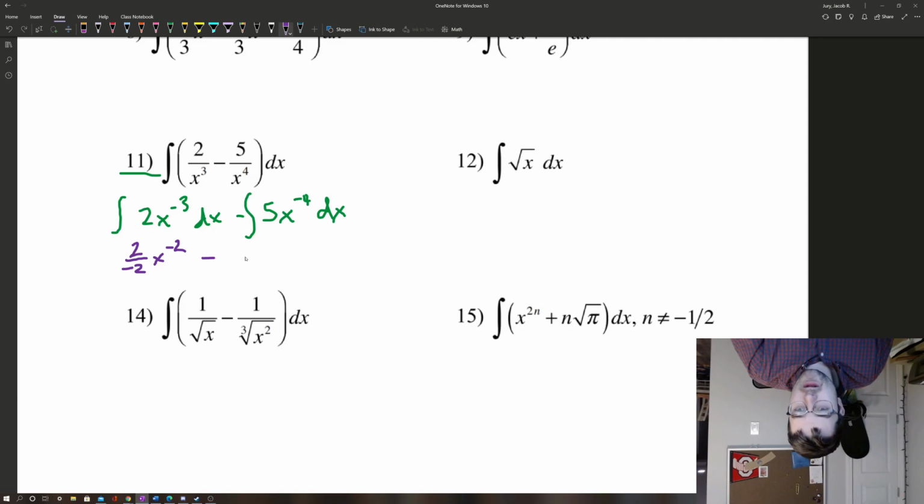And then minus 5 over negative 3 x to the negative 3, because I've added 1 to negative 4, so I get negative 3. So that'll be a plus because I'm multiplying a negative by a negative.